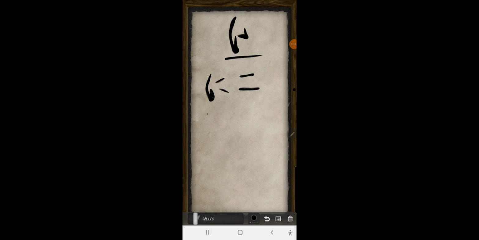And then we have hi, and then hi in katakana, and then we have mi in hiragana, and mi in katakana.